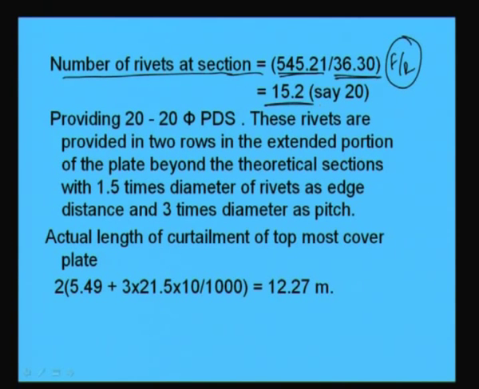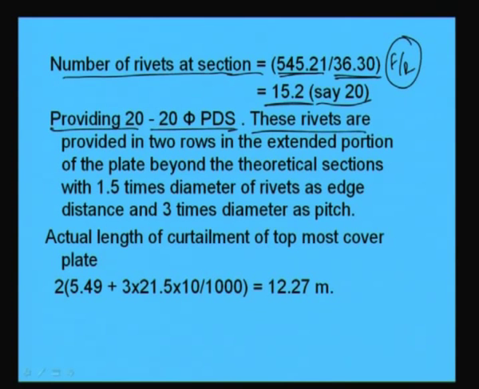So, 16 is the minimum required. Now, let us use a little higher number, say 20, providing 20 number of 25 PDS power driven soft rivets.